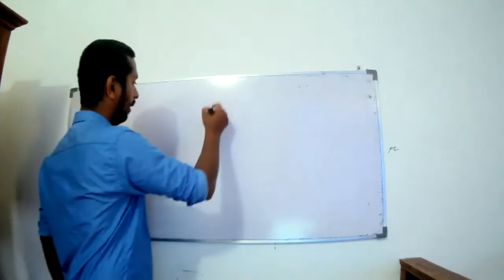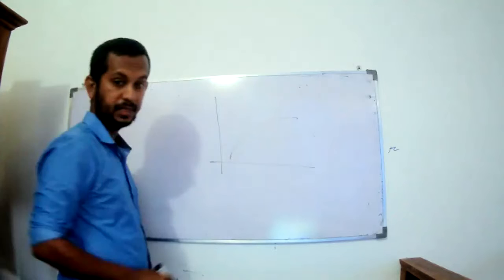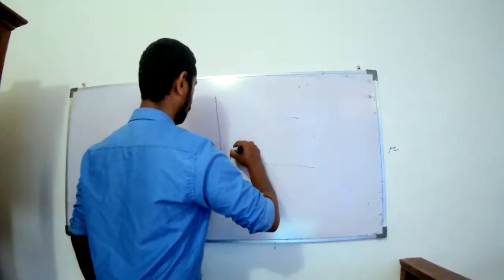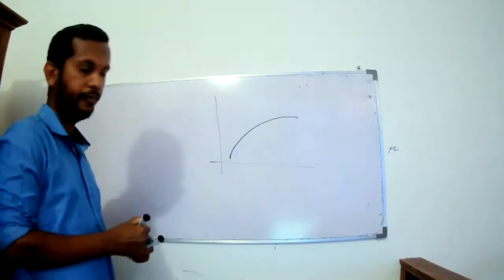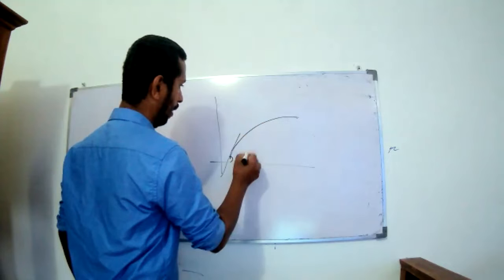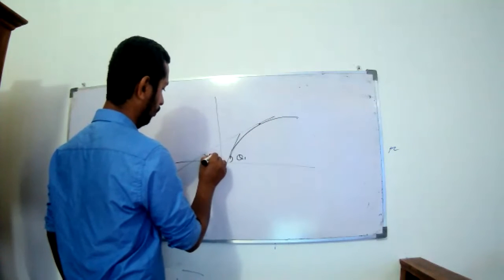And I'm going to draw the next graph. This is the next graph. So I'm going to draw a tangent to this point. The angle is theta 1. So I'm going to draw the next tangent somewhere here, theta 2.